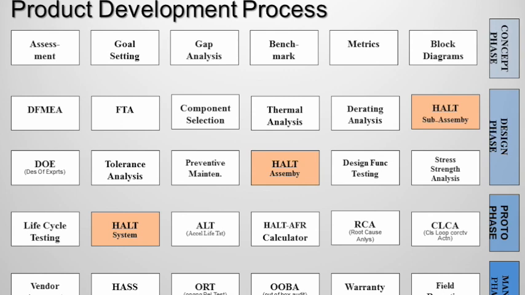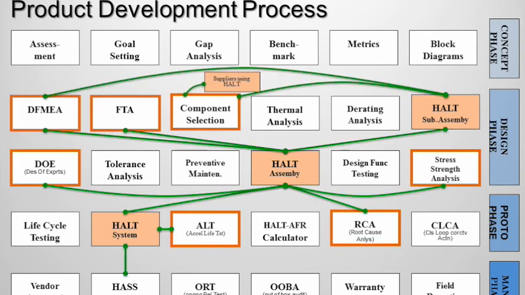So with HALT in the process in multiple locations, what are some ways it can interact with other parts? Well, here's some other tools that I've seen great benefit in interacting with HALT. You can see a DFMEA is highlighted, design failure modes effects analysis. This is a process that a team does to hypothetically look at failure modes. We'll talk more about that.